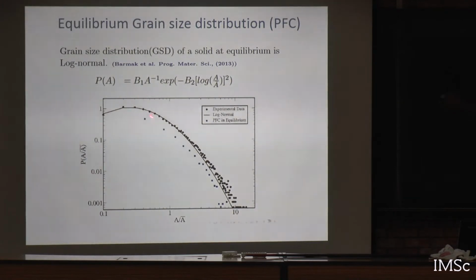In our simulation, in this regime, we have about 30 particles. So we cannot detect small grains reliably, and we do not have reliable data for this portion of the graph.